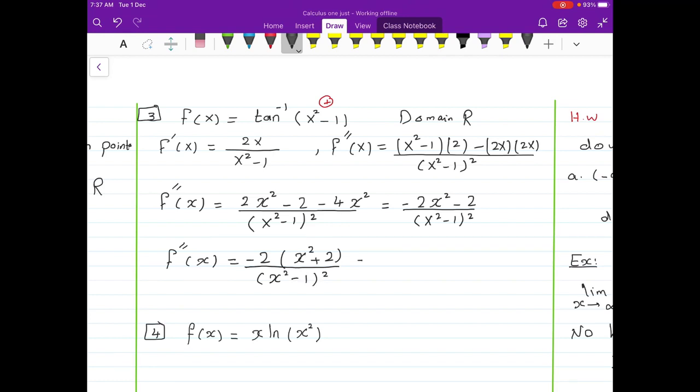Now, is this equal to 0? It will be equal to 0 if x squared plus 2 equals 0, but that is impossible, so it will never be equal to 0.